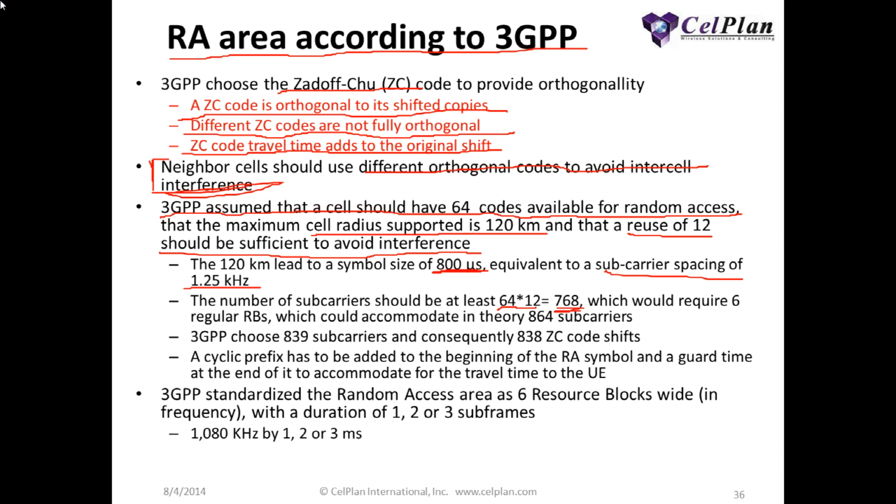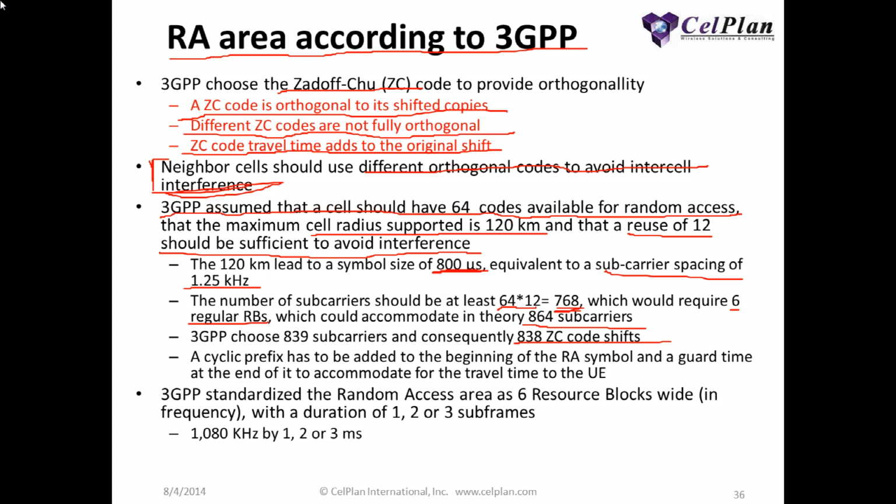And what 3GPP did, it basically rounded to 6 regular resource blocks, and those resource blocks could accommodate 864 subcarriers with a spacing of 1.25 kilohertz. But as we need the guard bands, in the end we got 838 Zadoff-Chu code shifts, or 839 subcarriers.